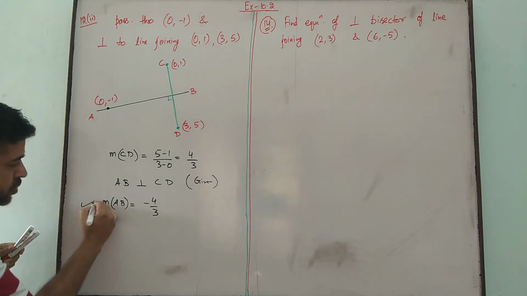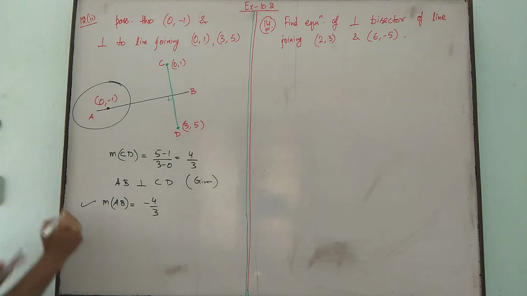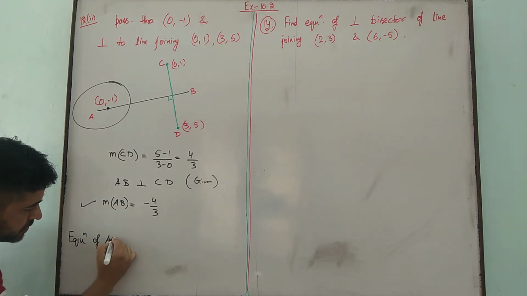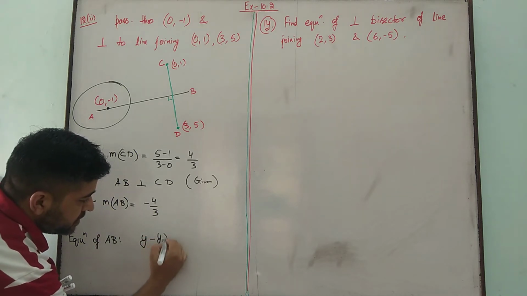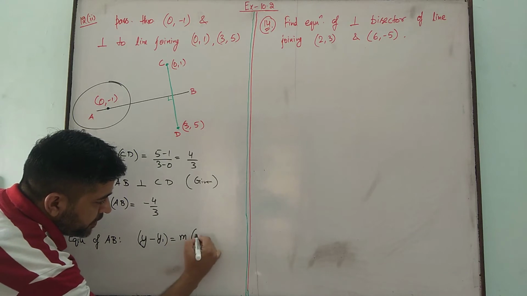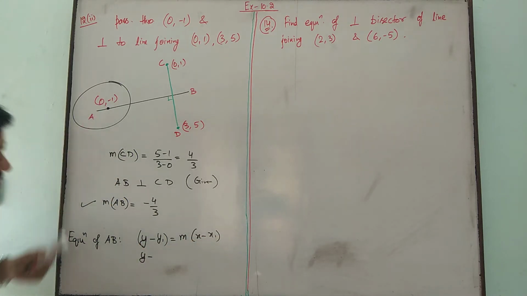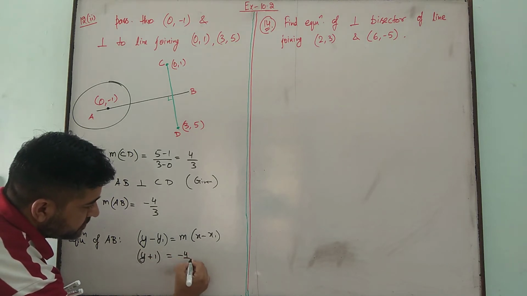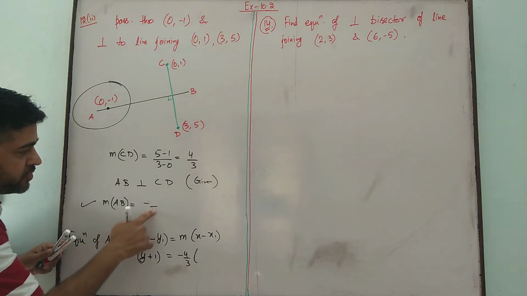So now we know the slope and the point through which it passes. So the equation of AB, one point form: y minus y1 is equal to slope times (x minus x1). That is y minus (-1), slope minus 4 by 3, reciprocal and negative, write it minus 3 by 4.